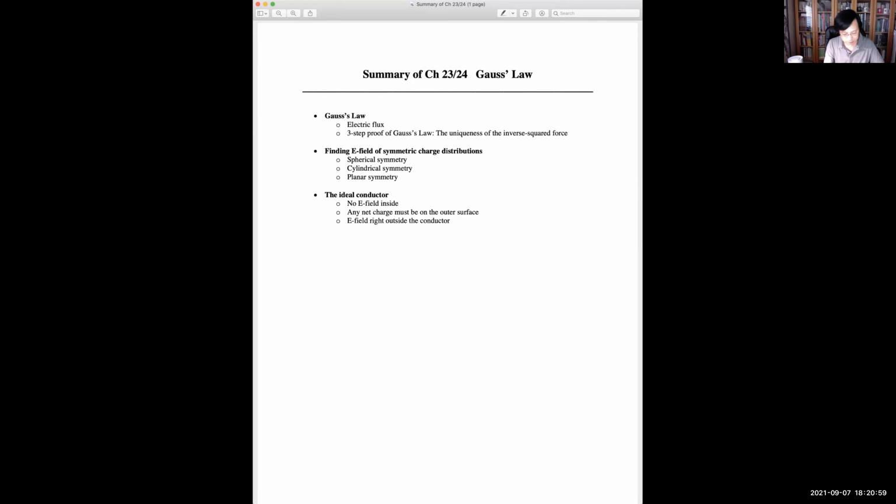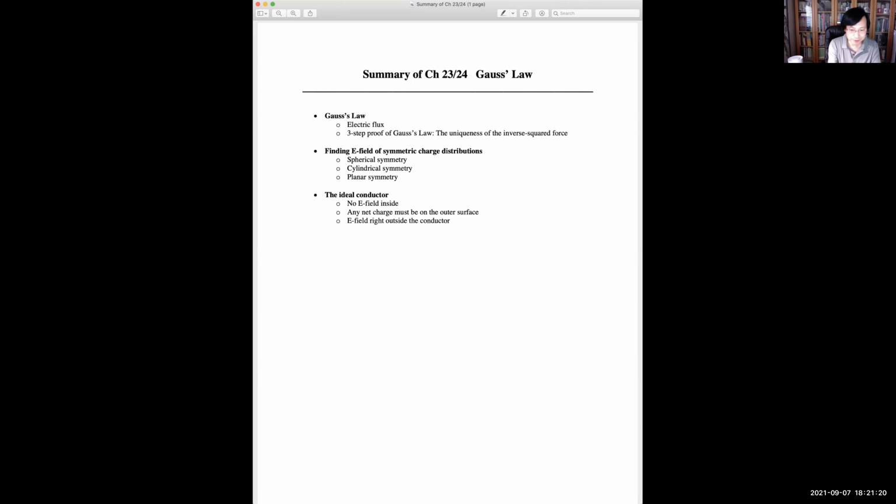By doing so, you can find better ways to solve certain problems of the electric field when there's high symmetry. You already saw what I meant by that: rewriting Coulomb's law in terms of Gauss's law. So Gauss's law is a mathematical variation of Coulomb's law. You can derive one from the other.